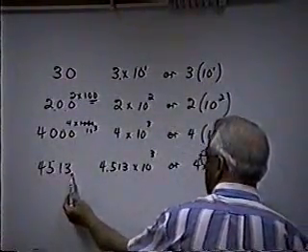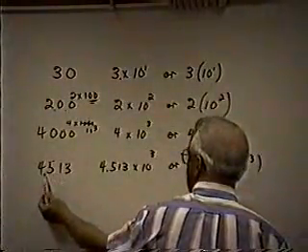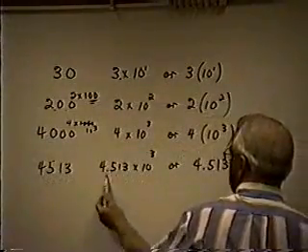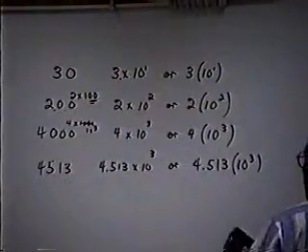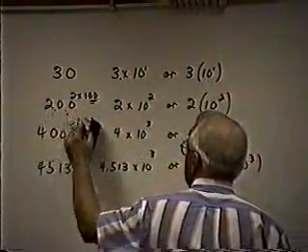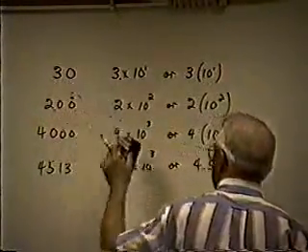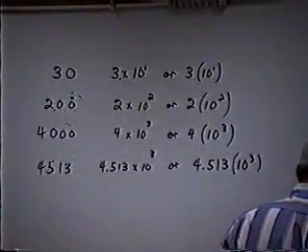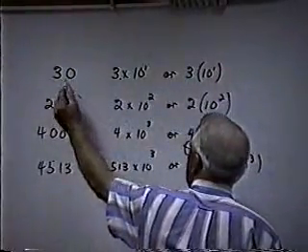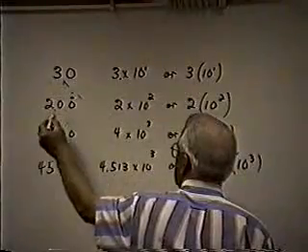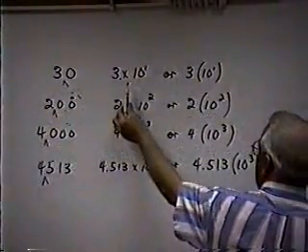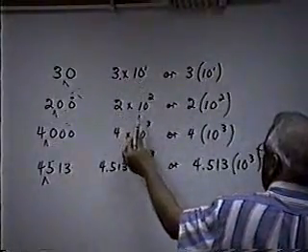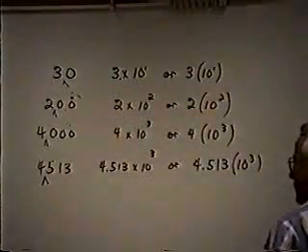I'm starting here, and I'm moving 1, 2, 3. Sure enough, that's what that number is. So then in scientific notation, what we can do is take the number, move the decimal place over here behind the first non-zero digit, and rewrite it as powers of 10.